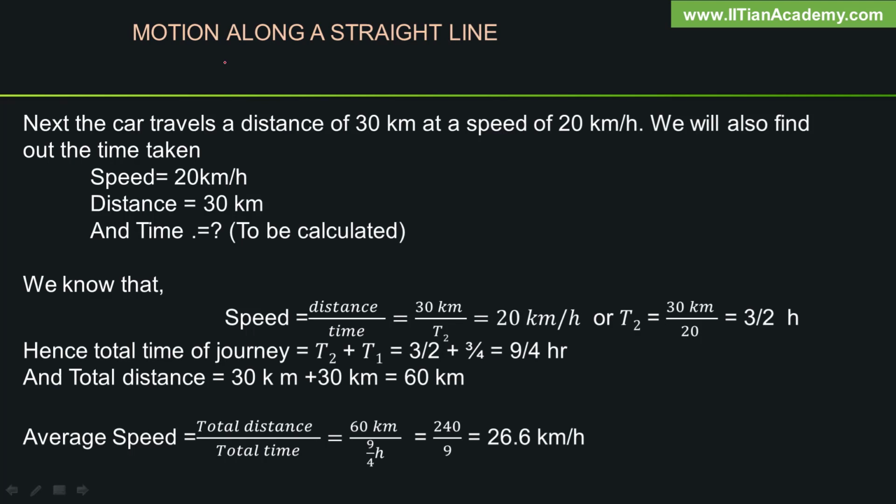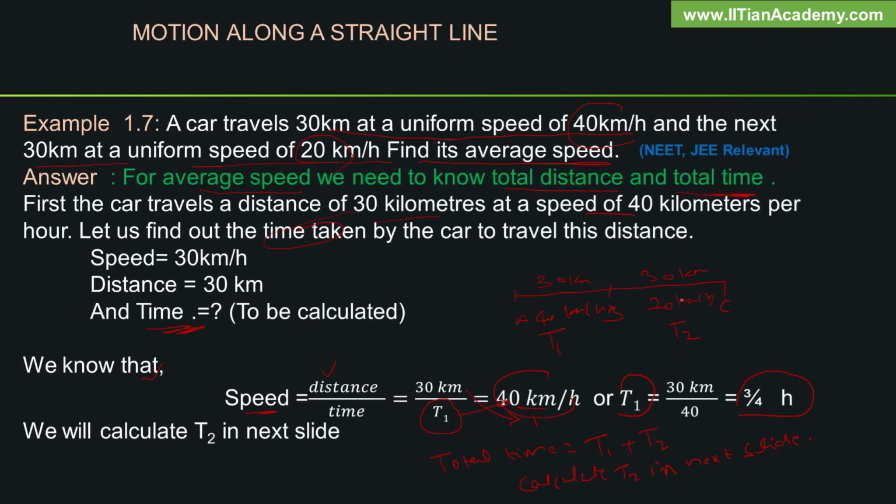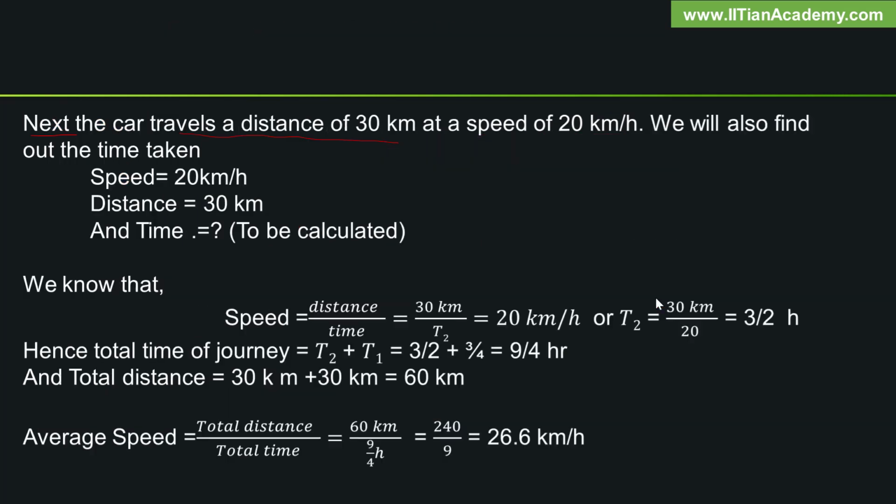Next, the car travels a distance of 30 kilometers at a speed of 20 kilometers per hour. We will also find out the time taken. Hence time is calculated. Now the total time of the journey is calculated. Total distance is 60 kilometers.